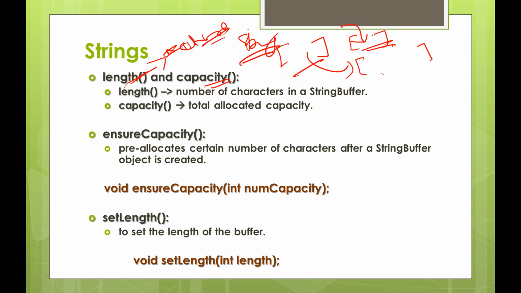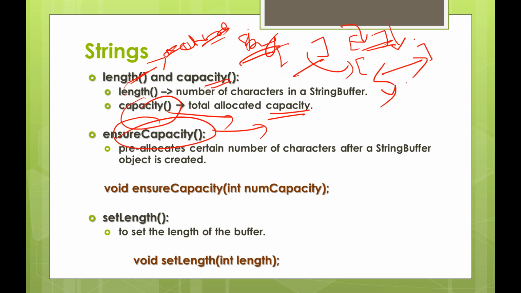You can specify how many characters you want to store immediately after you create it. That is done using the ensureCapacity method. Capacity will give you the allocated capacity. There will be a default capacity also. Length will give you the number of characters.